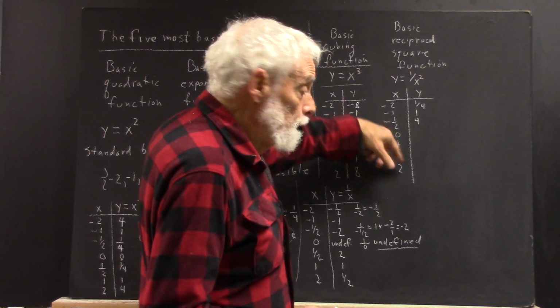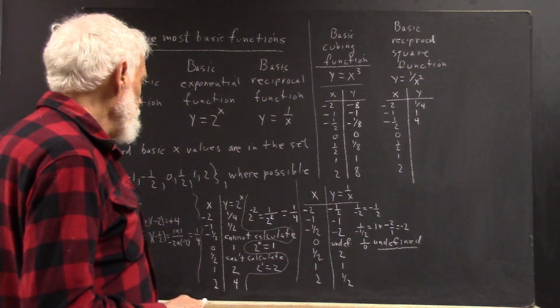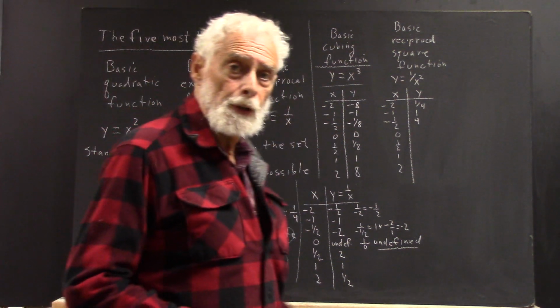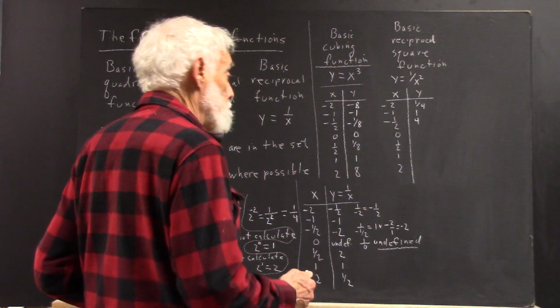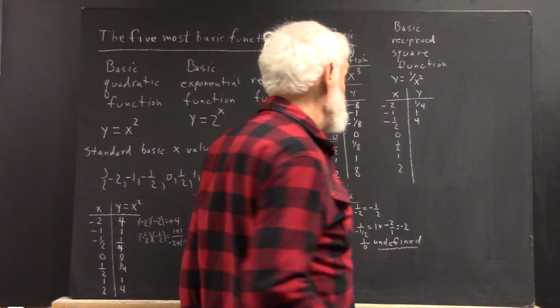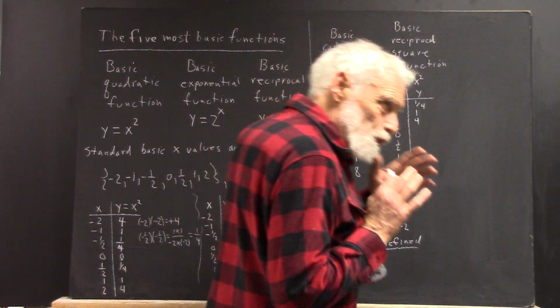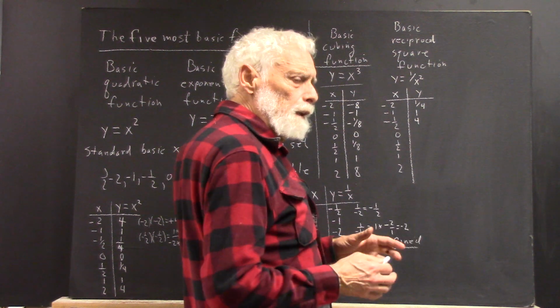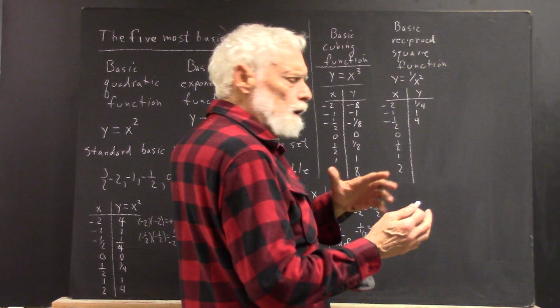You're going to be required to do all 5 of these tables and the graphs in like 5 minutes. That's not an insurmountable task. You just have to know the arithmetic and be able to write it down fast, okay? And neatness won't count.